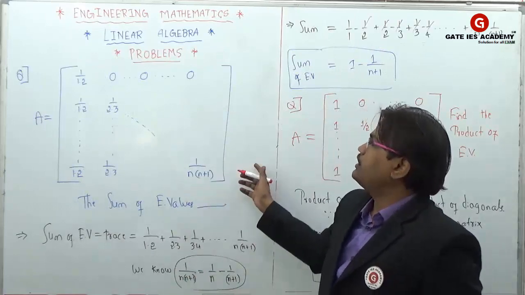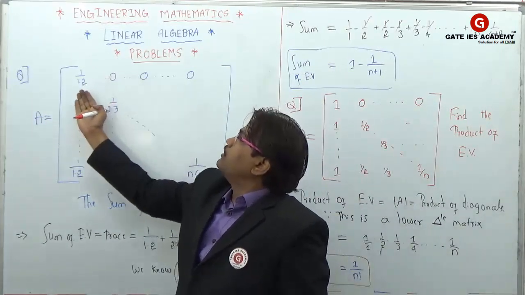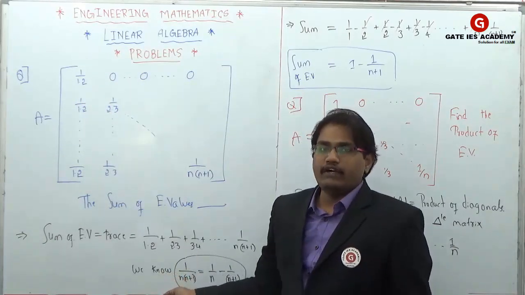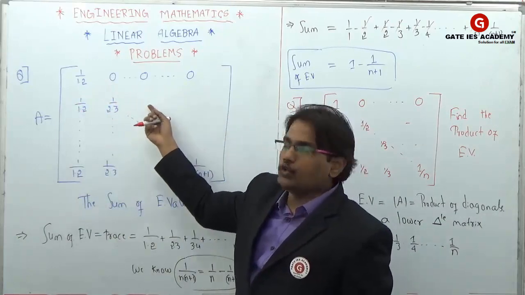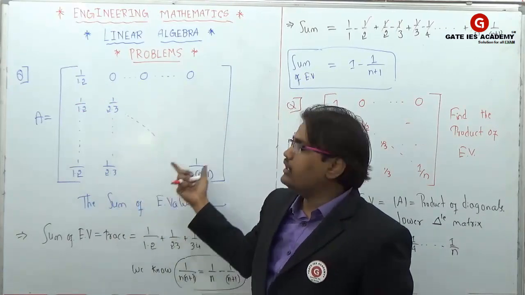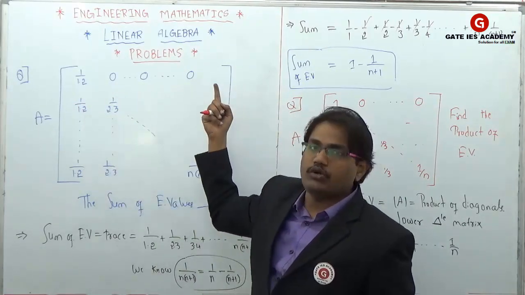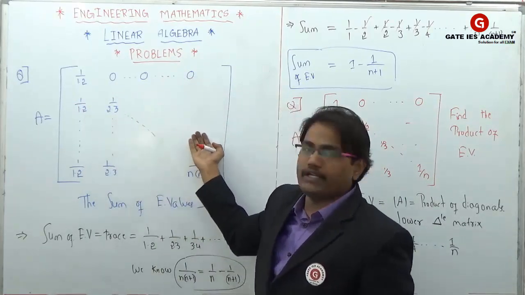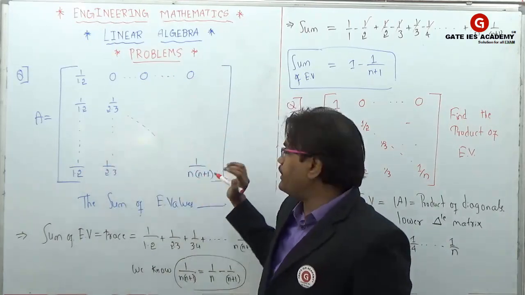So let us see a question based on the matrices. That is, it is based on eigenvalues. So 1 upon 1 into 2, the matrix is given like this. 1 upon 1 into 2 and 0, 0, 0. Means all the values will be 0 here, right? So this is like a lower triangular matrix.